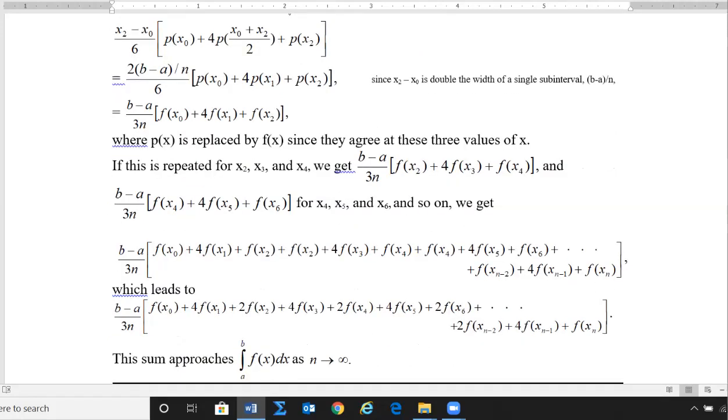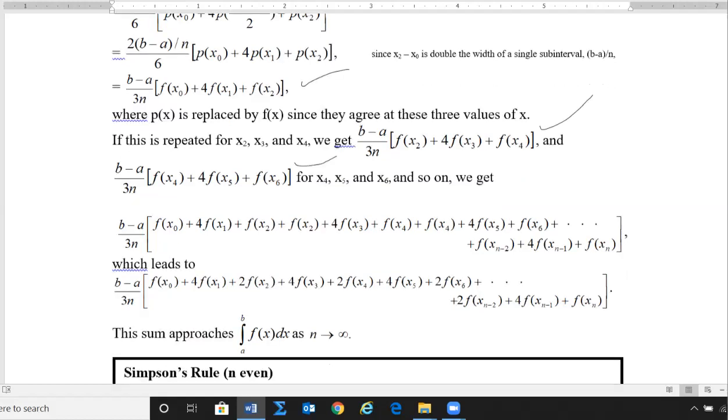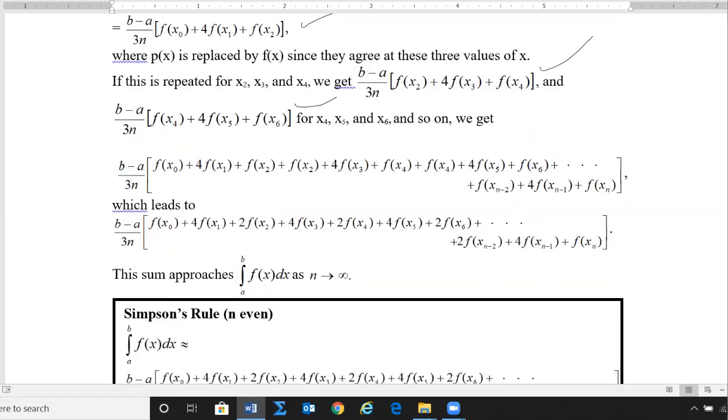I've done it for the first few. I did the first one here, and the second one here, third one here, 1, 2, 3. And the idea is that notice there's a pattern in the coefficients. You're doubling these, you're doubling these, you're doubling. So you can generalize and come up with this.